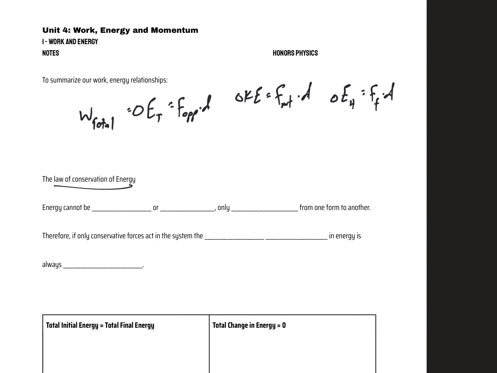So we know about the law of conservation. We know that if something is conserved, then it stays the same. And we know that energy cannot be created or destroyed, only changed from one form to another. So if only conservative forces are active, conservative being the key word there, the total change is going to be equal to 0.